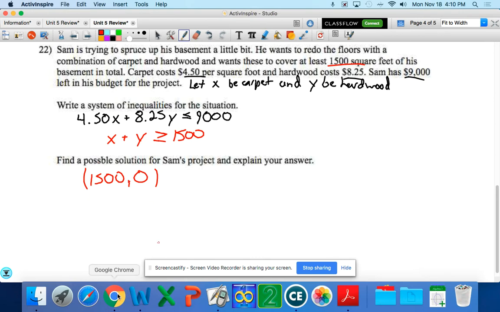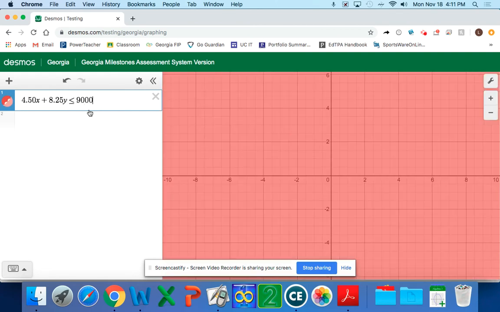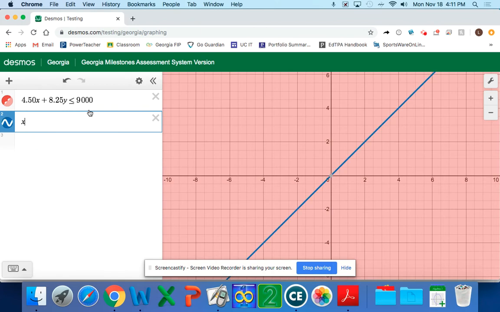I'm now sitting down at my computer to do this, so if the volume is a little bit off, I apologize. 450X plus 825Y needs to be less than or equal to 9,000. And then X plus Y needs to be greater than or equal to 1,500.